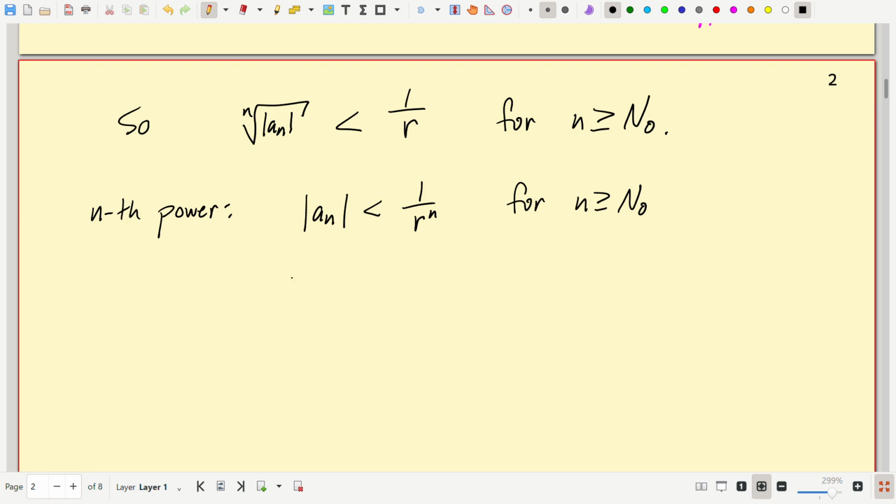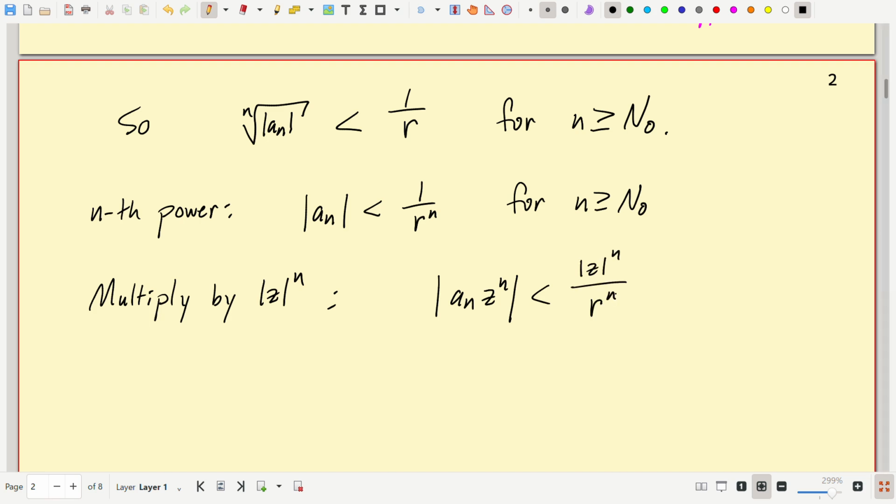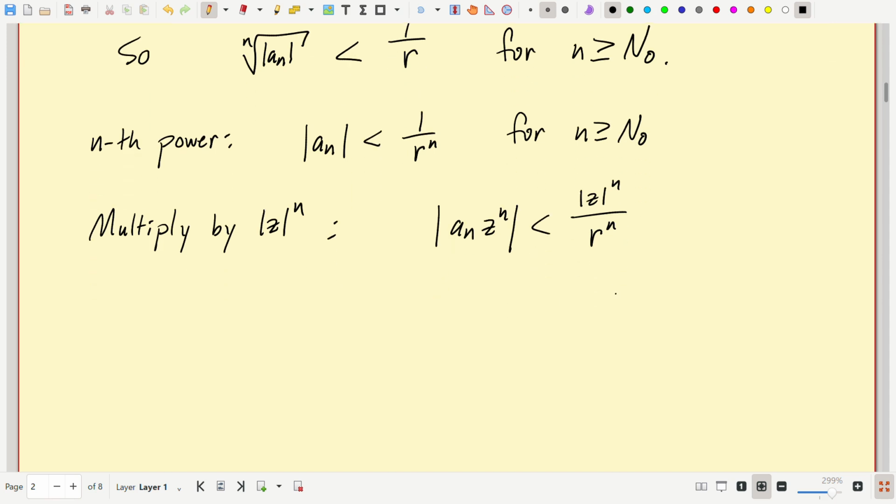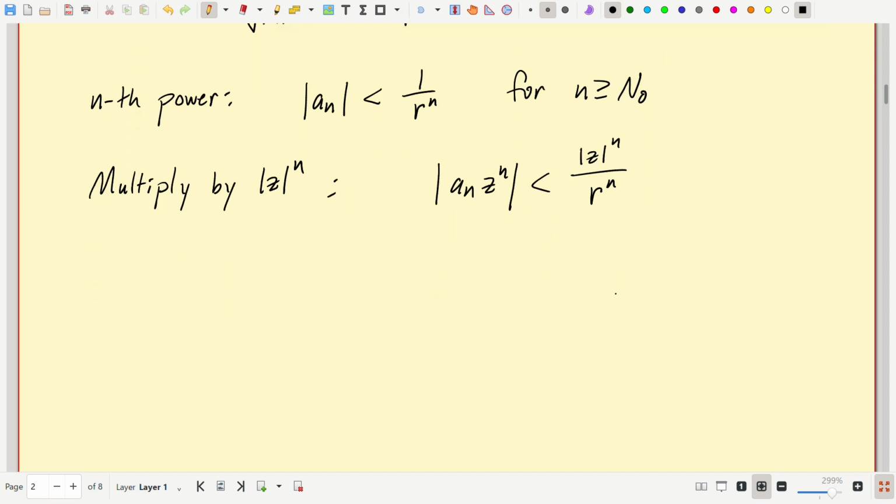Now let's multiply by modulus of z to the n. Then I would get modulus of a_n z^n is less than the modulus of z to the n over r to the n. And of course, if z is inside that circle, remember z was in an even smaller circle, that's going to be less than rho over r to the n.